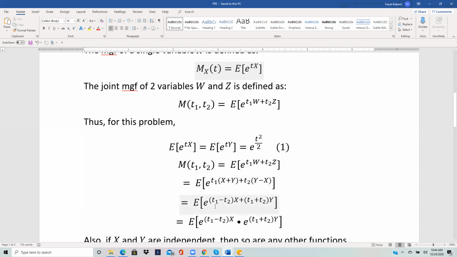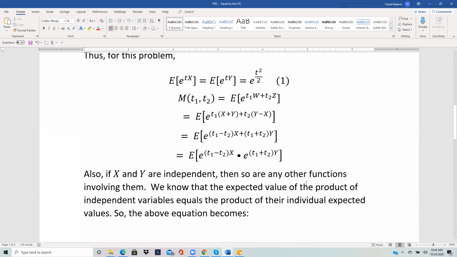Now I collect the X terms together, so that's t1 minus t2 with the X. Similarly, I collect the Y terms, and that's t1 plus t2 with the Y. Then it's just this one plus this one in the power. So I break it into a product, e power the first thing times e power the second thing, and the reason we break this up is that we want to use equation number 1.